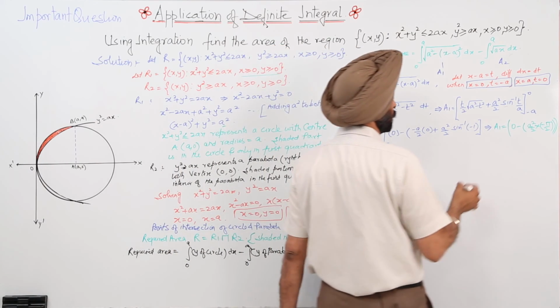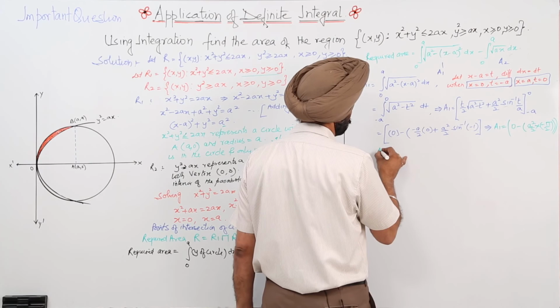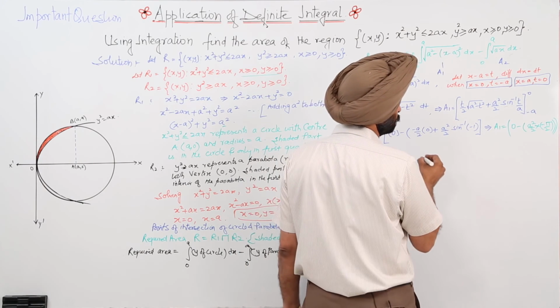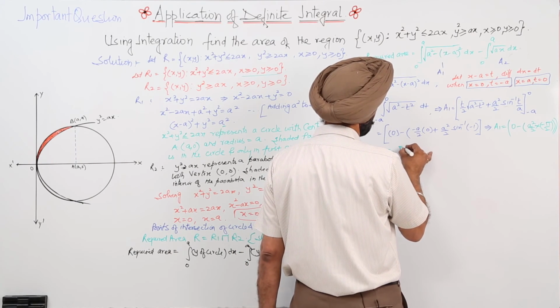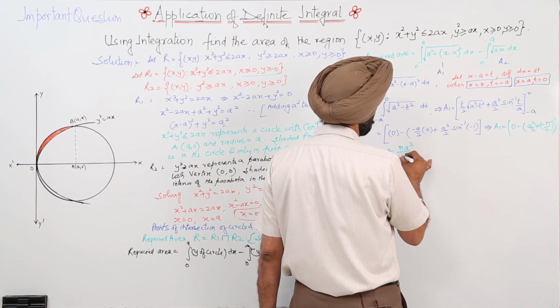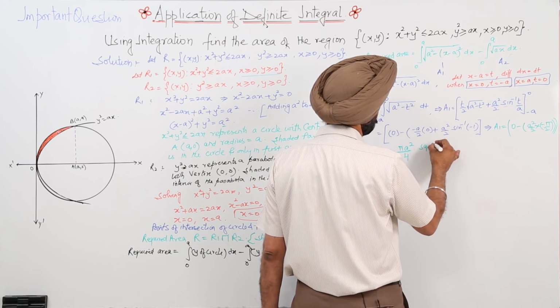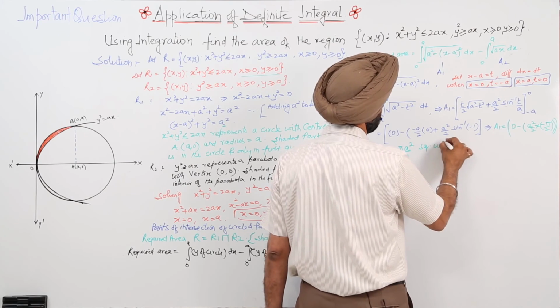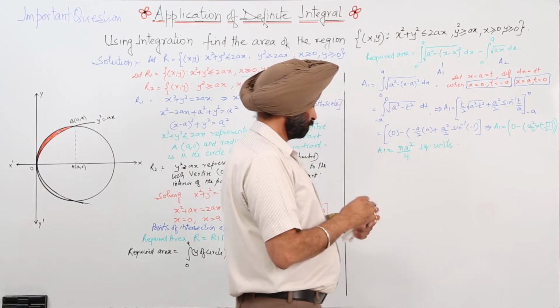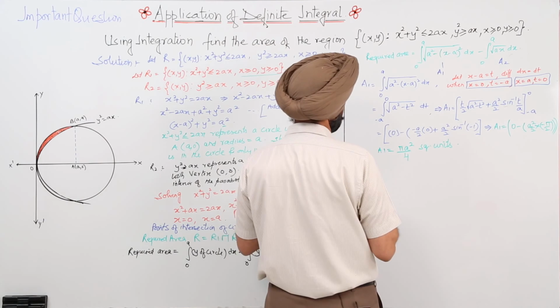Okay. So A1 = πa²/4 square units. This is A1.